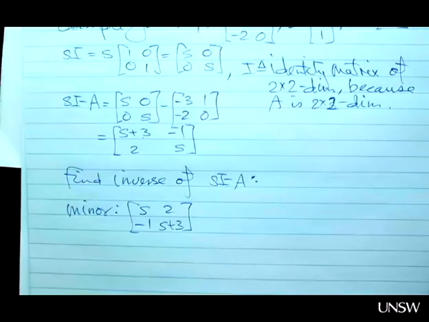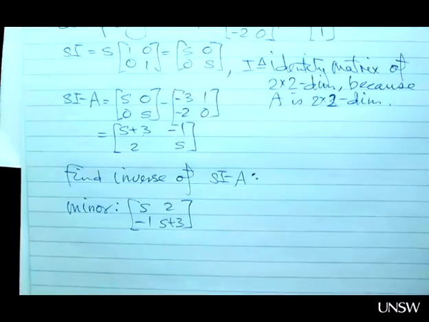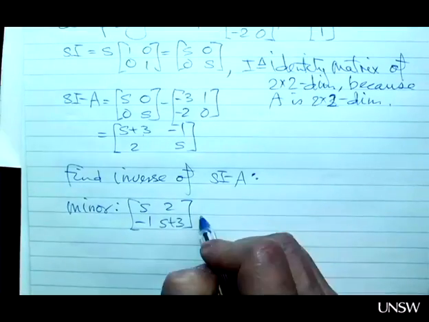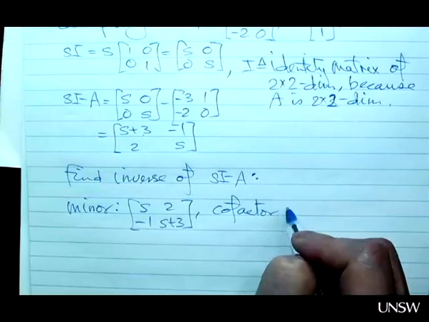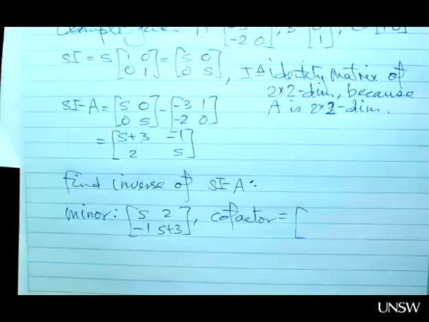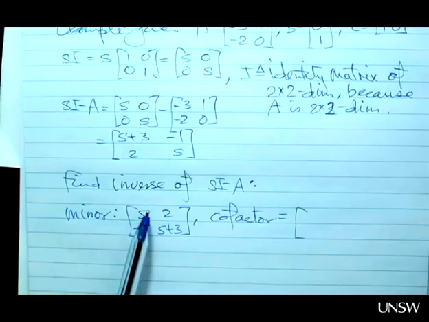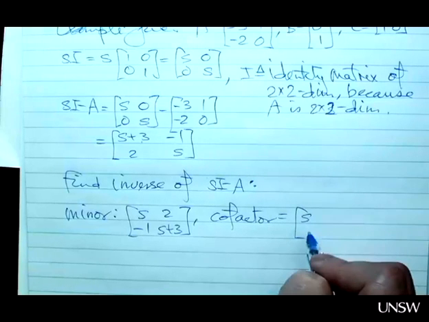Then we have the cofactor. The cofactor is minus 1 to the power of the row index plus the column index. So it is 1, then minus 2, and then s plus 3.